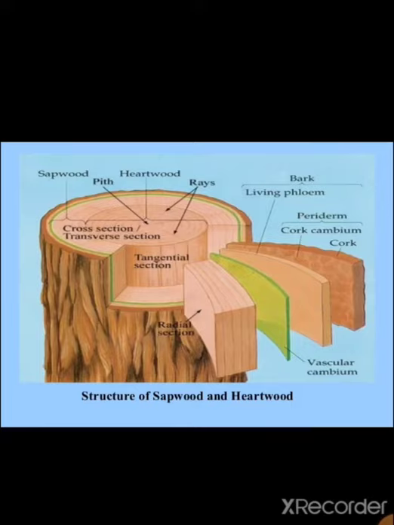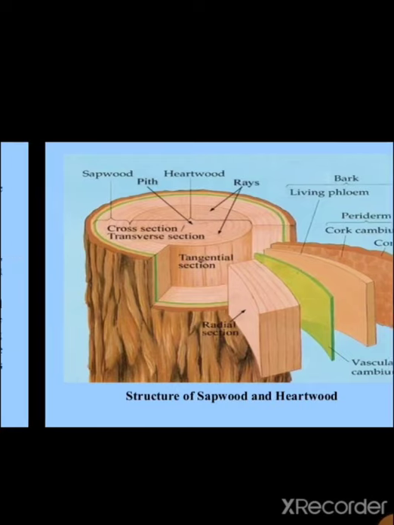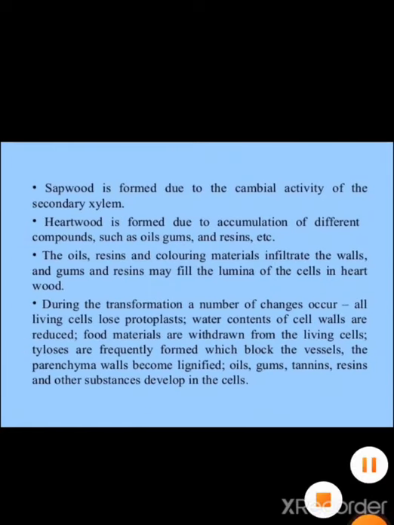This is a part of the outer bark. Outer rings are sapwood, with the centrally located pith surrounded by heartwood, and between them the radial ridge.